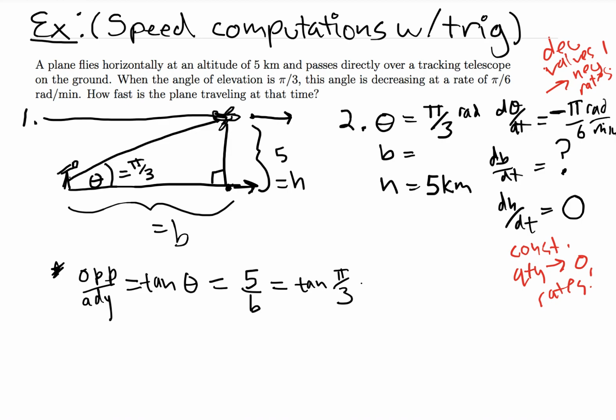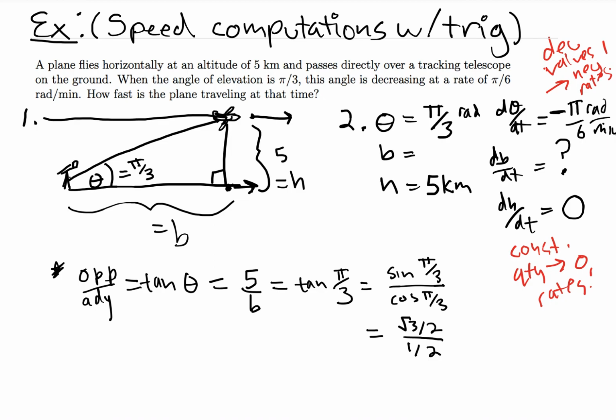If you're a little bit fuzzy on your unit circle, please don't forget tangent is the same thing as sine over cosine. So if you don't have your tangent immediately memorized, well, you should have your sine and your cosine memorized here. So that should convert to, if I'm looking at the angle pi over 3, root 3 over 2 divided by 1/2.